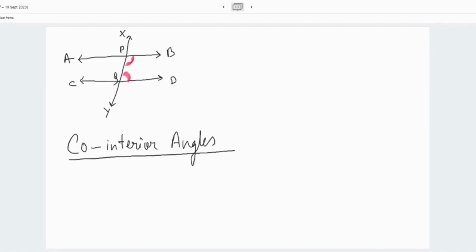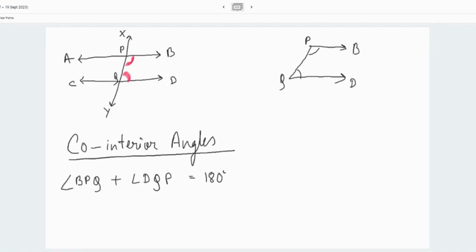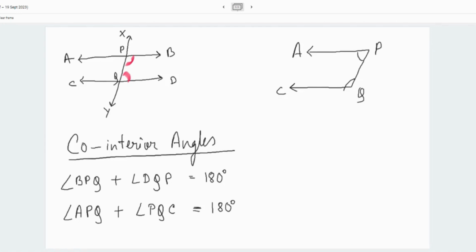These two, I can see they look like a C. If it is PQD, these two angles, and the sum of these two angles is 180 degrees. The angles that I am marking will always add up to 180 on the same side of the transversal. First we took the left hand side, now we will take the right hand side.